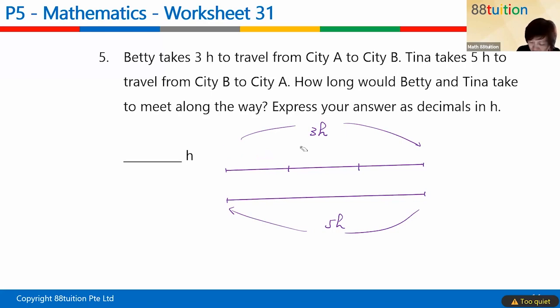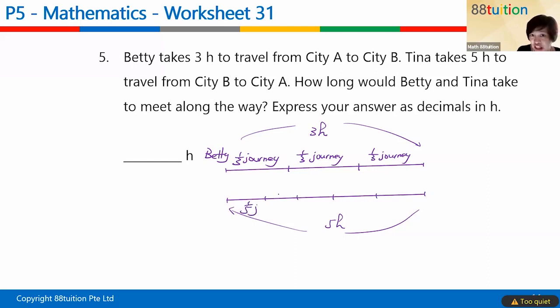Okay, this is Betty, 1/3 journey. I write it as J for journey. In 1 hour, this is 1/3 journey. Here you cut it into 5: 1, 2, 3, 4, 5. So this one will be 1/5 journey.